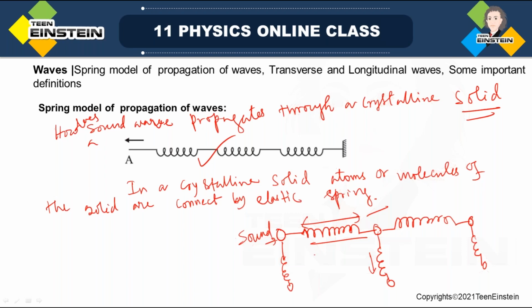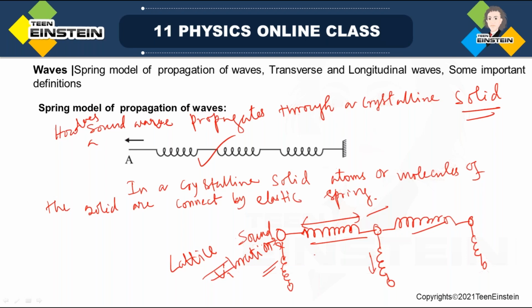If you stretch or strain, there will be a restoring force, and that restoring force will make the disturbance transfer to the other spring. This is how the atoms will vibrate. This is called lattice vibration. You will learn lattice vibrations in your higher classes.